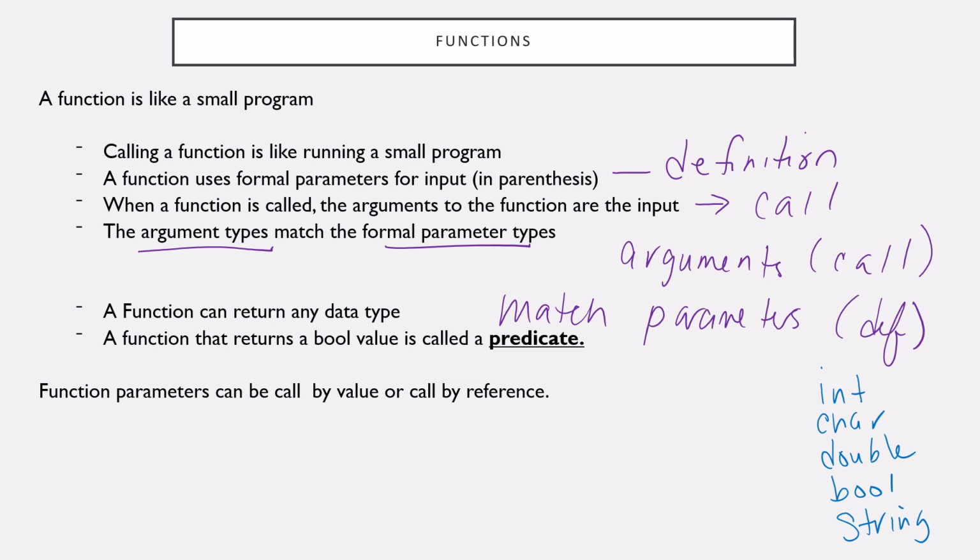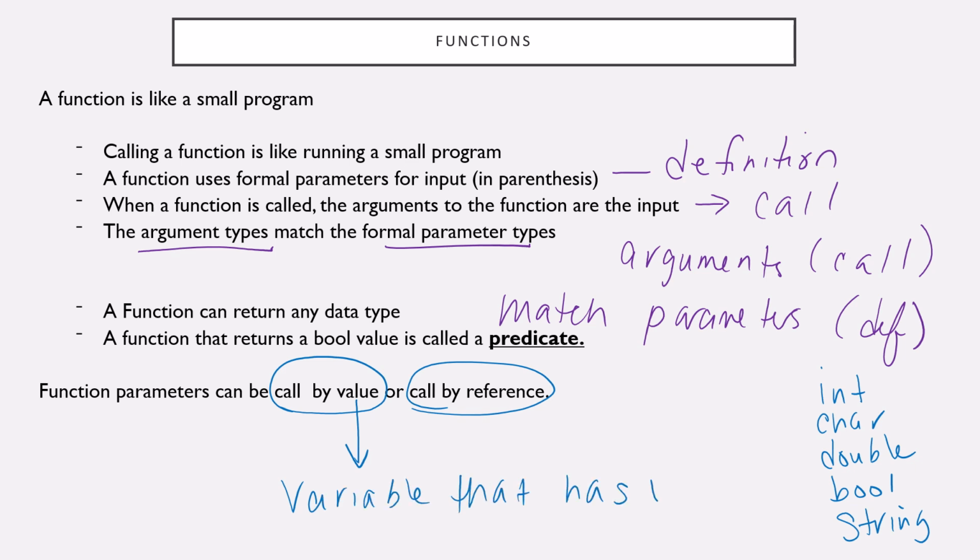Function parameters can be called by value or called by reference. So this is a big thing in C++. So for call by value parameters, you must pass a value. It could be a variable that has a value, or it can be a literal value.